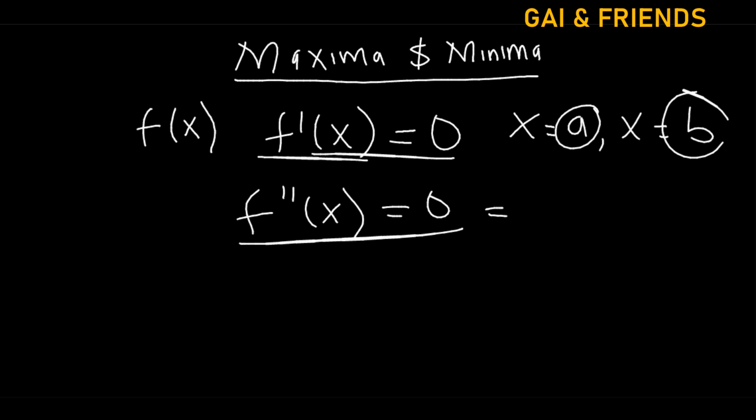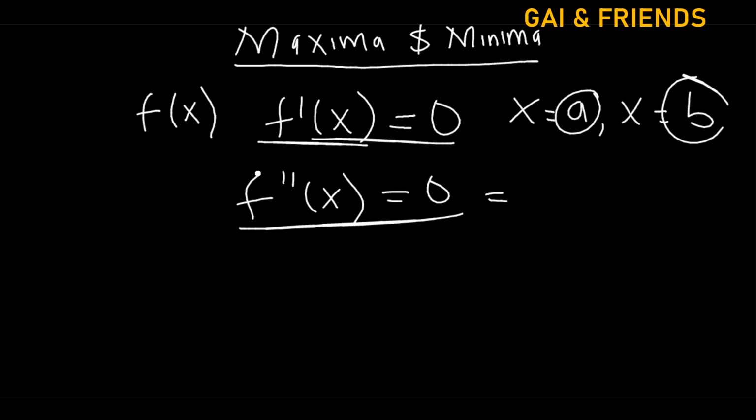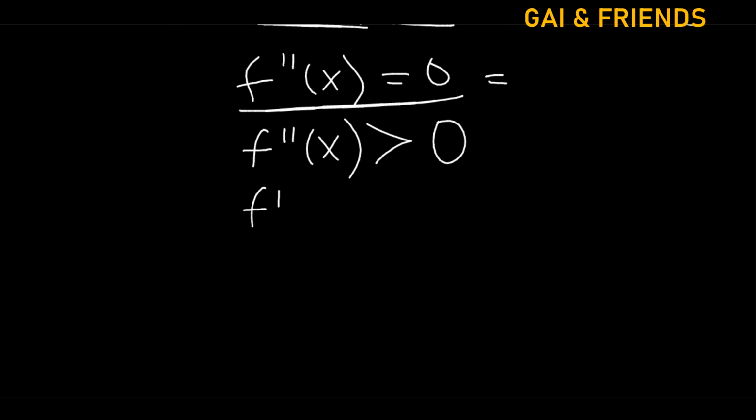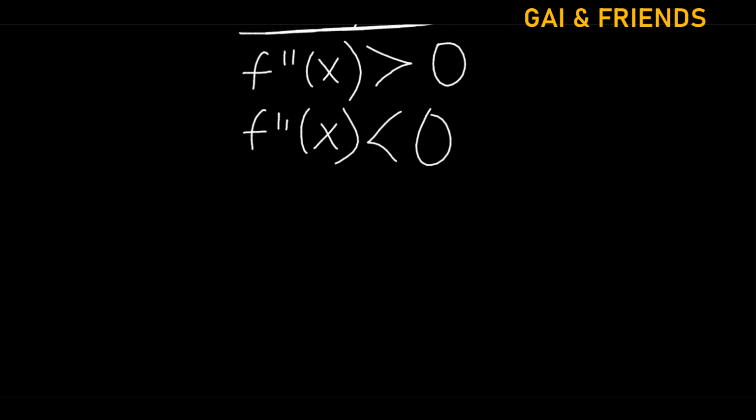So when the second derivative of your function is greater than 0, that is a minimum. But when your second derivative is less than 0, that is a maximum.